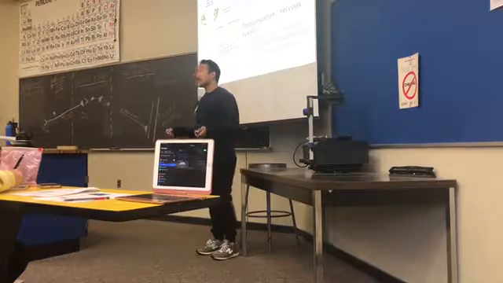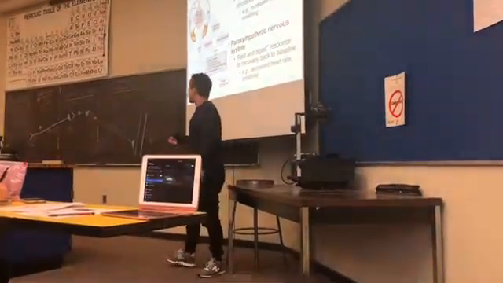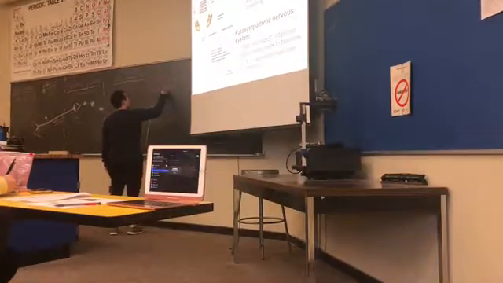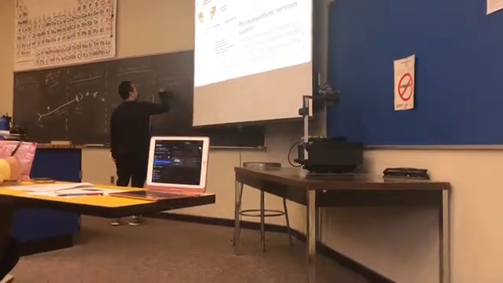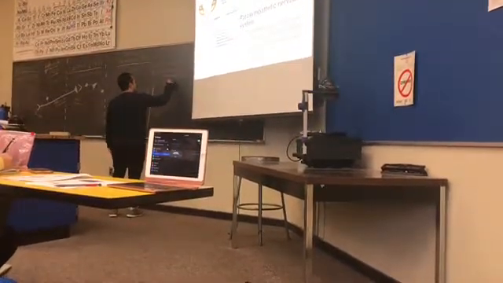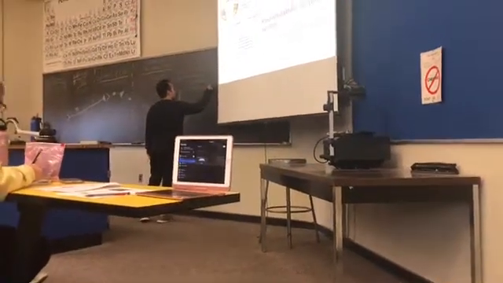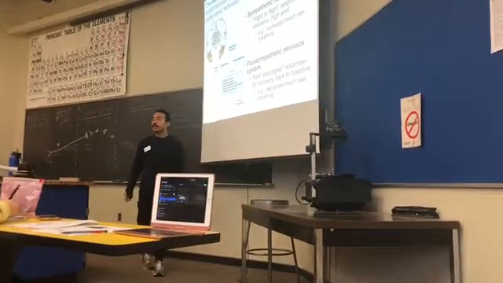And the autonomic nervous system itself can be divided into two branches, the sympathetic and the parasympathetic.